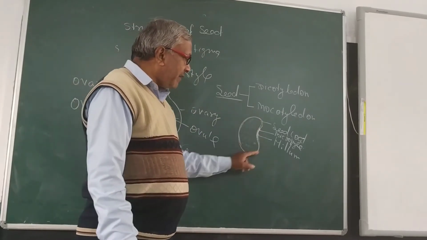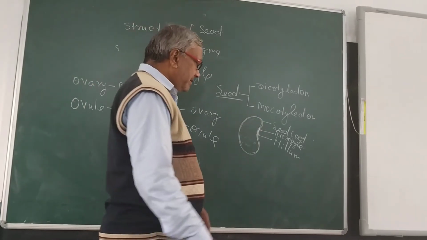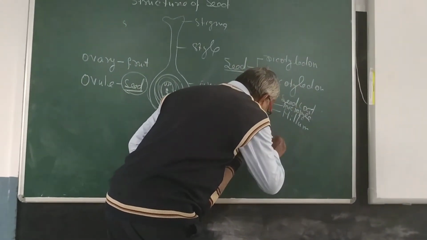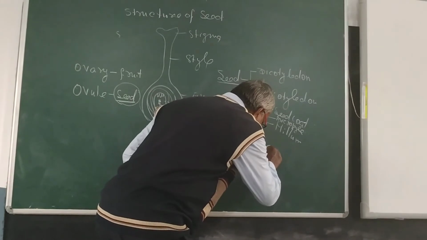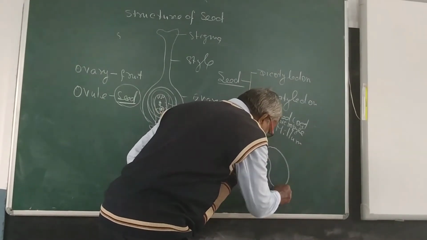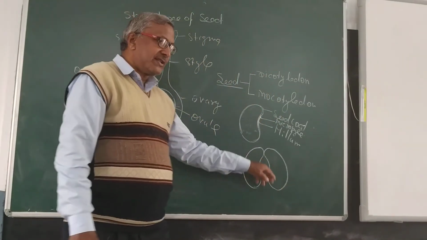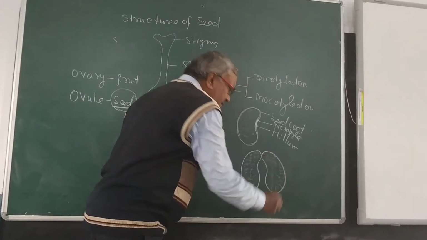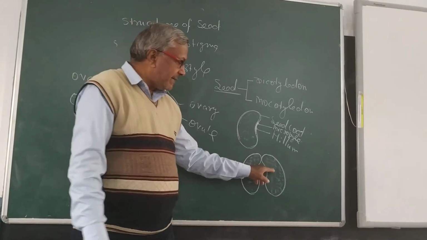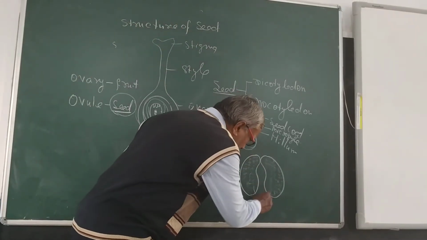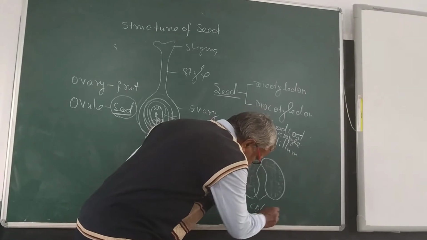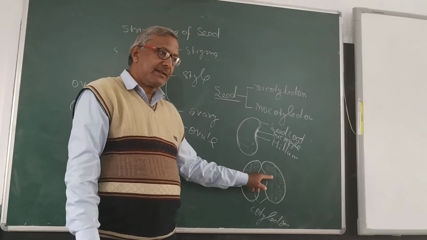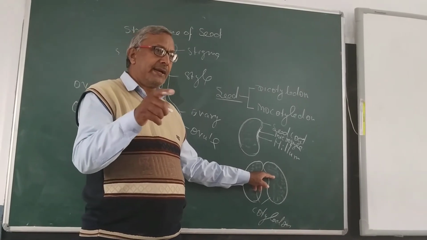After removing the outer covering, you will find there are two thick fleshy structures. These two thick fleshy structures are called cotyledons. If in the seed two cotyledons are there, that is called dicotyledonous seed.